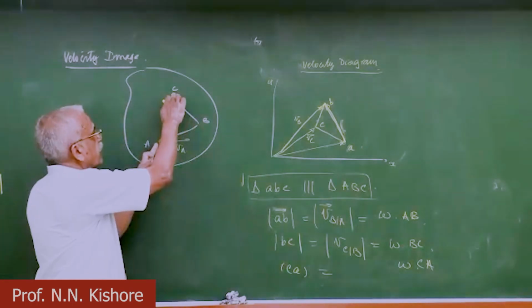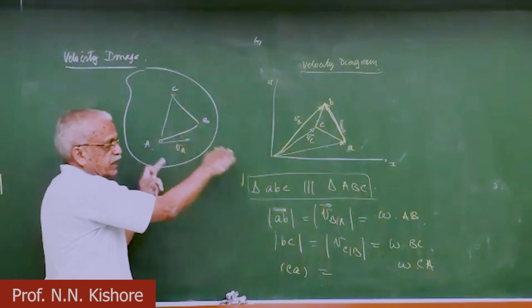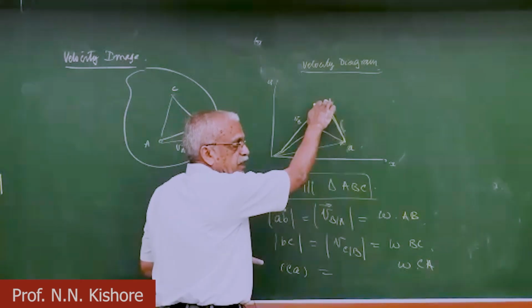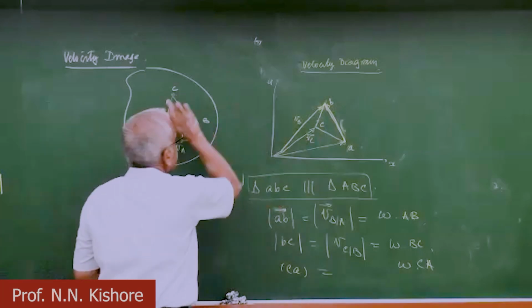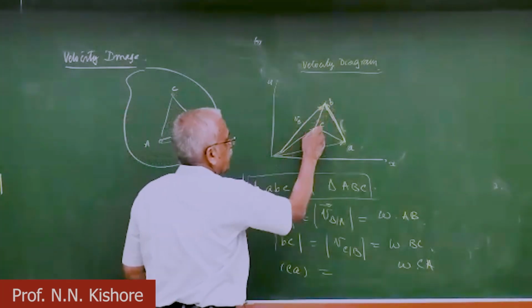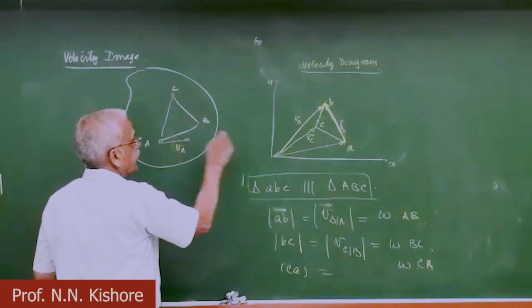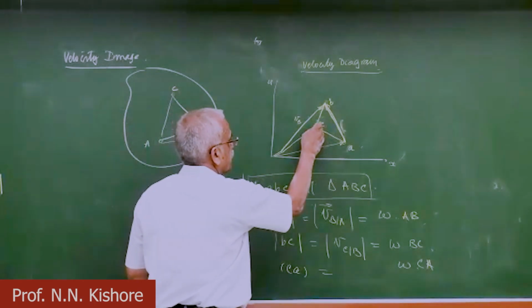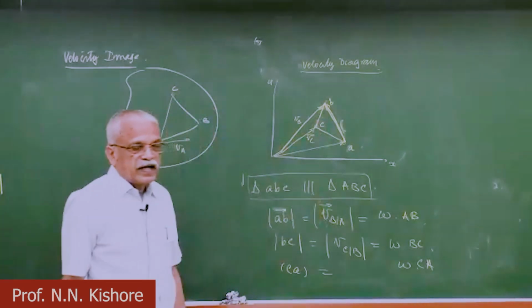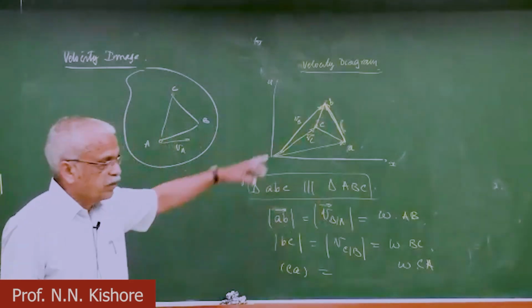If I know the images of A and B in the velocity diagram, I can locate C by drawing a similar triangle. I have ABC like this, and abc like this, so I locate C and find the point here.